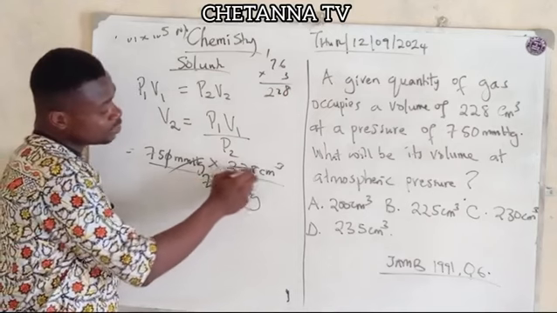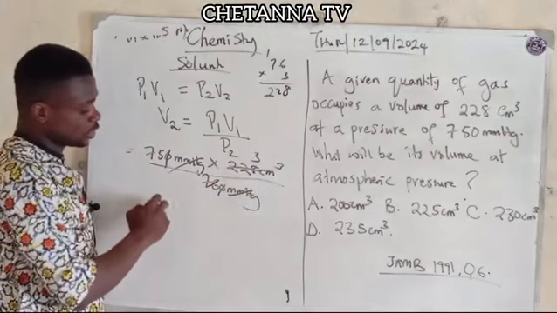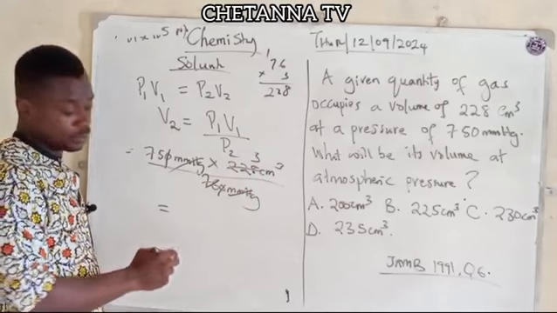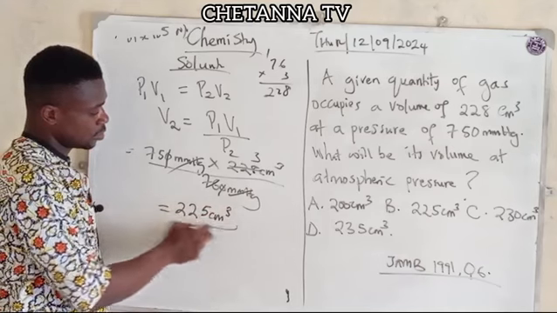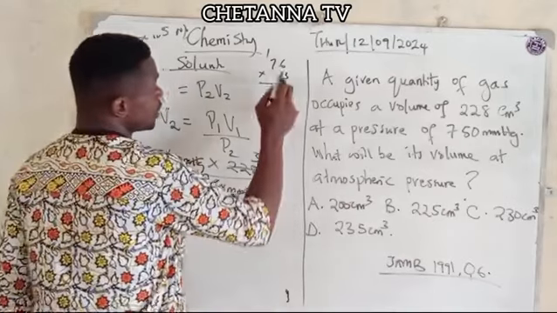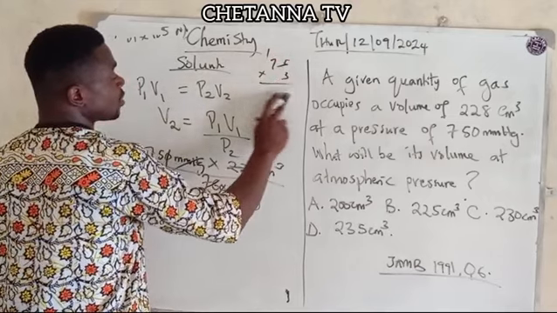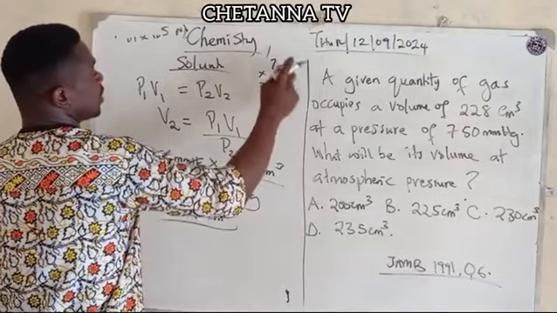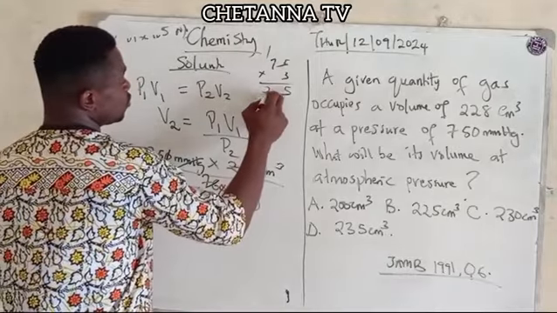Six divides 2 to 8 is 3. 3 times 75: 3 times 5 is 15, 3 times 7 is 21, plus 1 is 22.